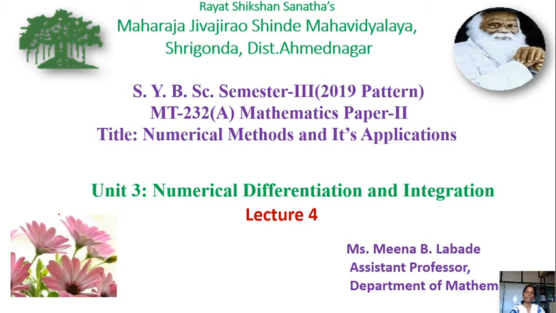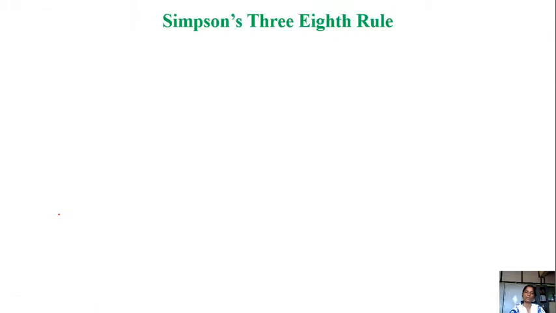So let us first derive Simpson's three-eighth rule. Again, as we have derived the trapezoidal rule and Simpson's one-third rule from the general quadrature formula, we are going to derive this rule, Simpson's three-eighth rule, from the general quadrature formula.